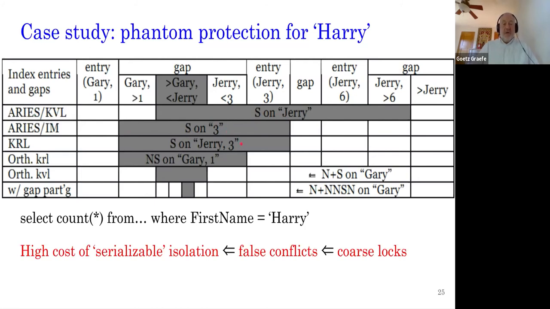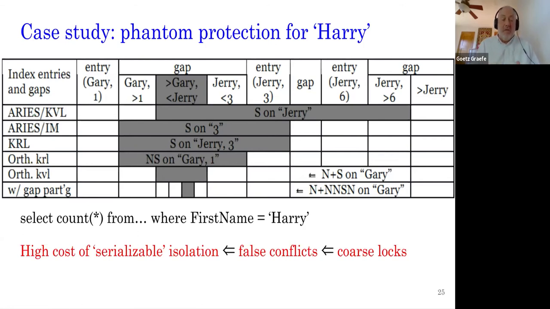Microsoft SQL Server would lock this index entry, and only orthogonal key value locking actually locks really only what is needed. And so the high cost of serializable isolation is really that existing industrially deployed transaction systems lock much more than they ought to. And so the high cost comes from the false conflicts.